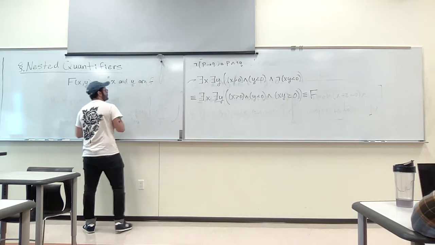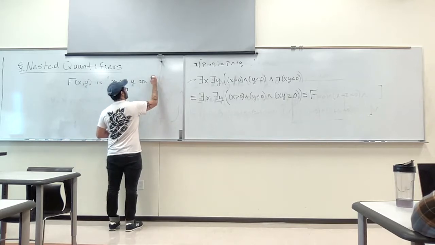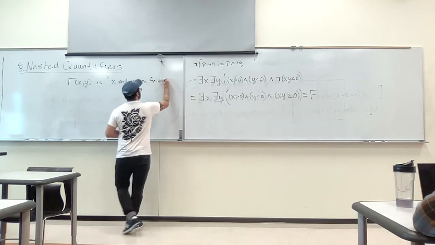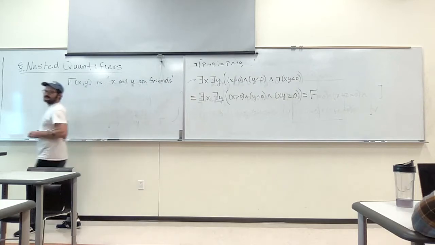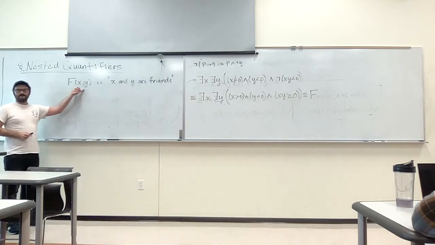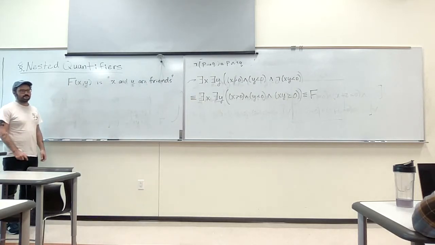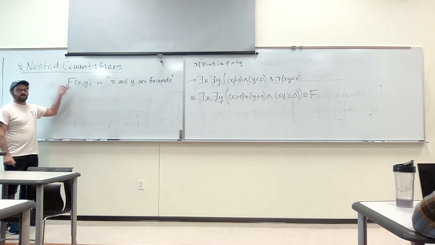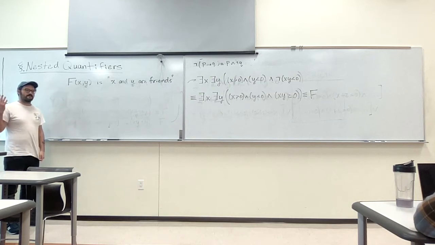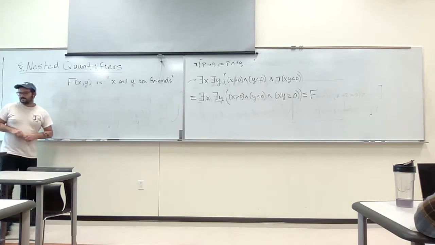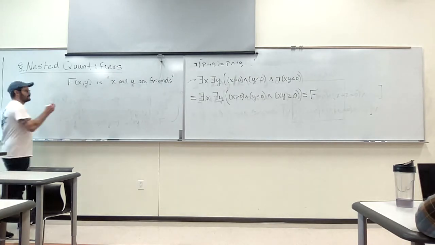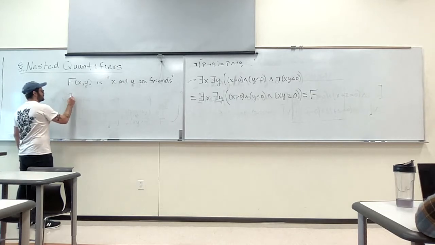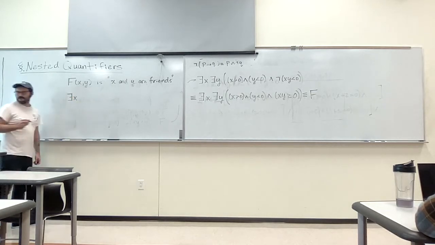I know y'all can see it, but I'm afraid my recording is not going to pick it up. Okay. So there are two variables in this predicate, right? This propositional function, which I'll just call F from now on because I think it's more descriptive. And it says we need to translate this statement. So I'm not going to read it out, I'm going to write it, and then we're going to look at it.